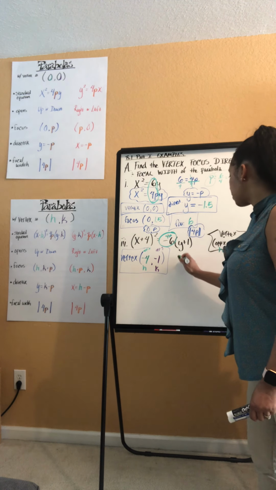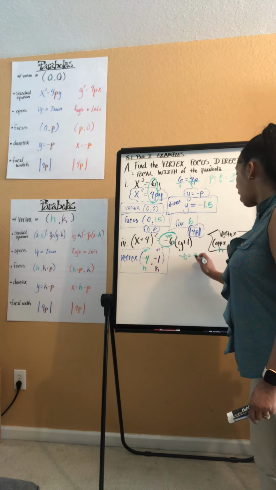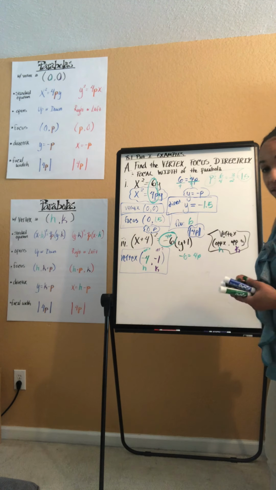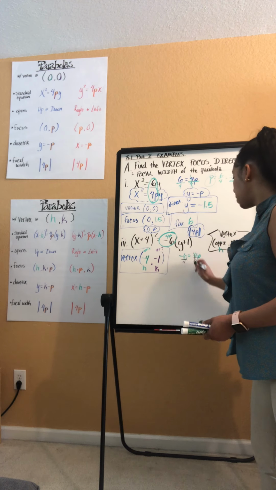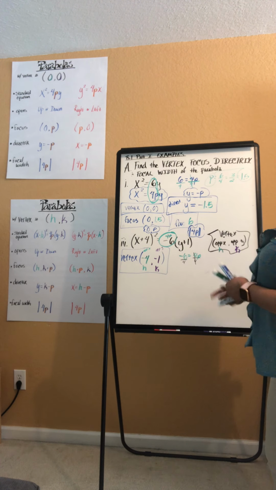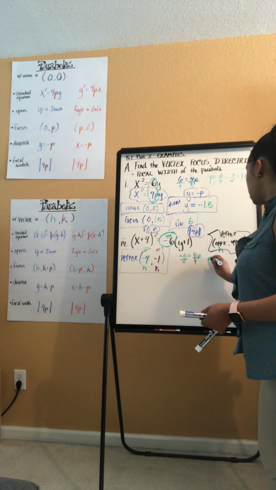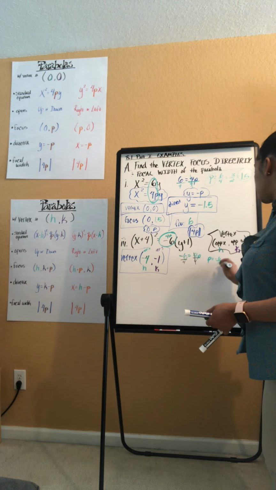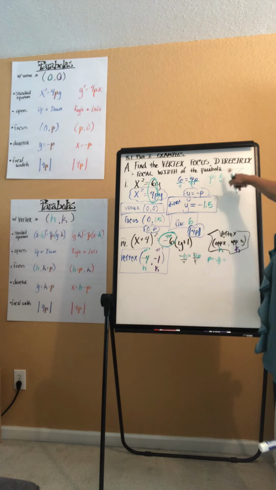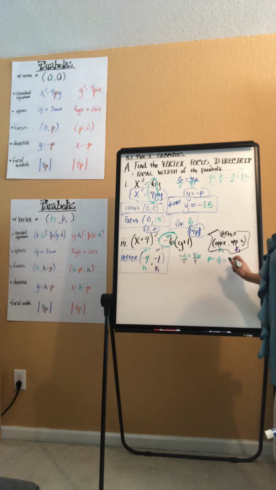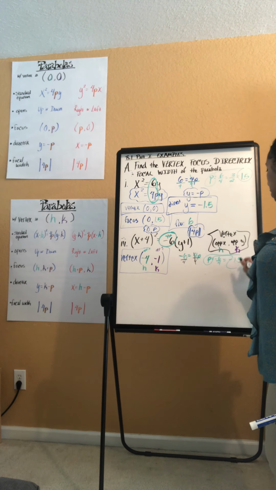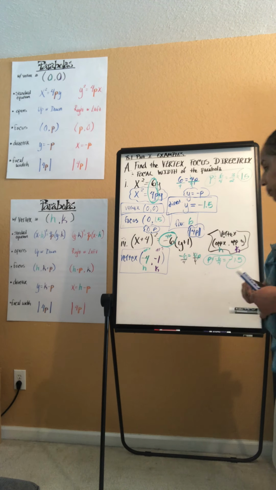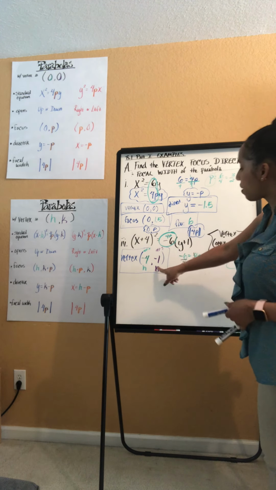So if -6 is 4p, I find p simply by dividing, just like I did last time. We'll divide by 4, divide by 4. And p is -6 over 4, which we can reduce. It's the same thing we had last time, except it's negative. So we can just make that -1.5. We'll hold on to that. p is -1.5.